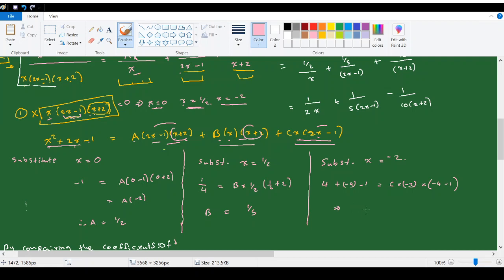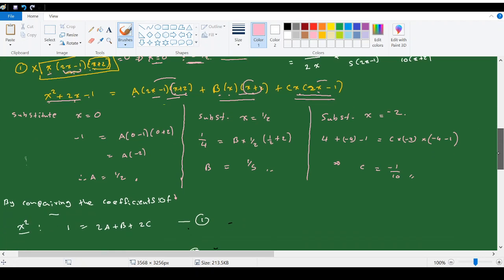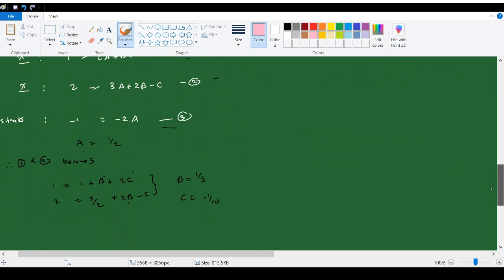And by solving this one for c, you will get c is equal to negative 1 over 10, right? So these are the exact answers that you got by solving in the other method as well, right?